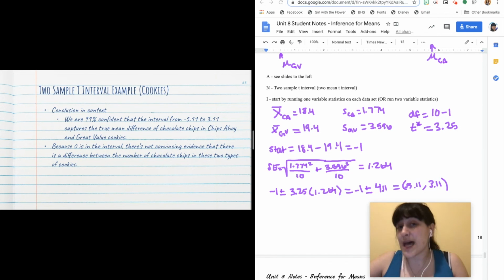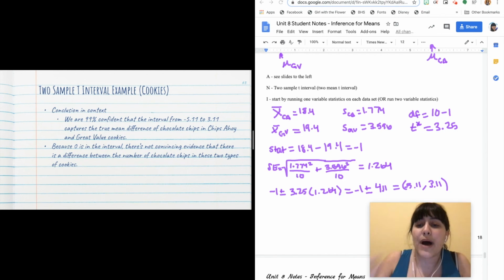If 0 was not in the interval, so let's say these were all positive numbers, we would say there is convincing evidence that there's a difference, and we think that the Chips Ahoy cookies actually have more chocolate chips in them than the Great Value cookies. If it was the other way around, if they were all negative numbers and 0 was not in the interval, then we would say yes, I think there is a difference, because the interval says so.